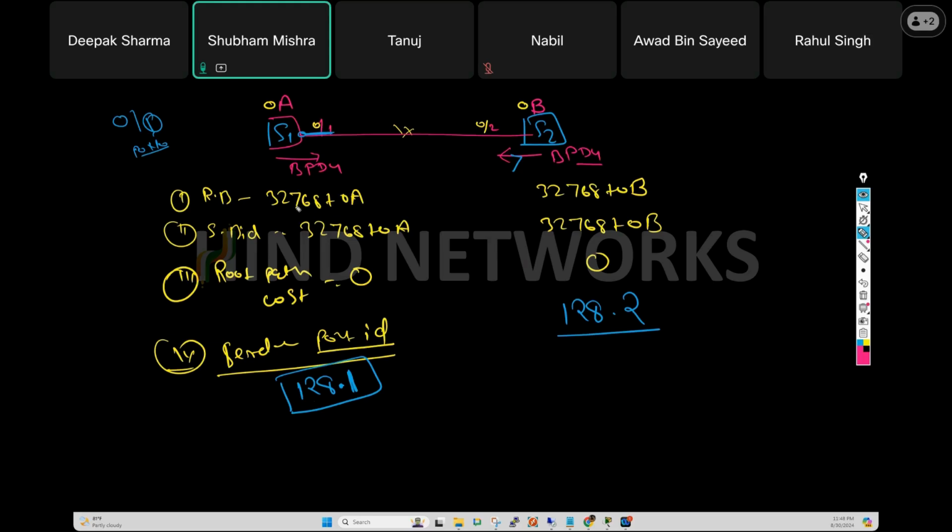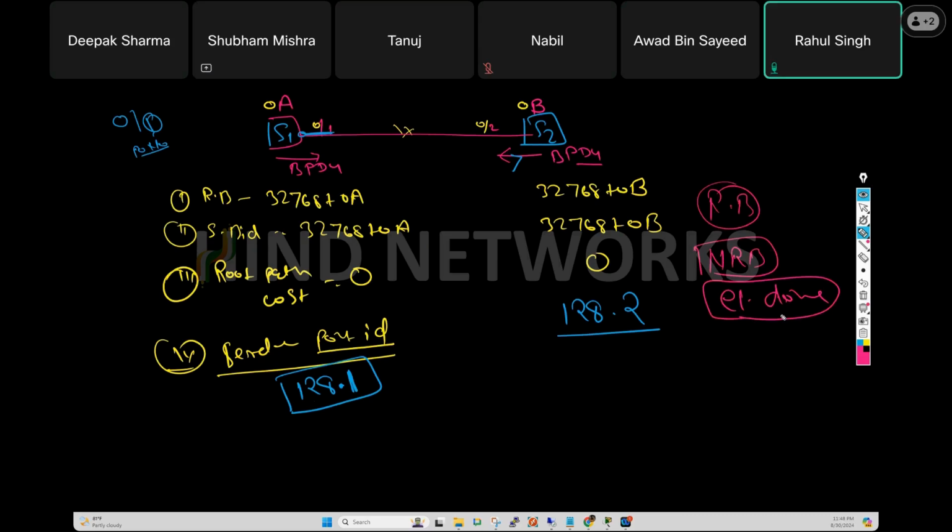And after comparing the BPDU, one switch will become the root bridge and one switch will become the non-root bridge. It means you can say election is done.